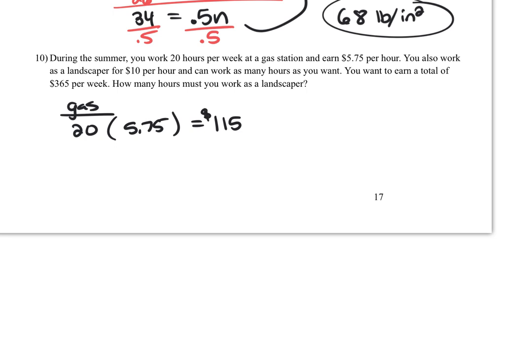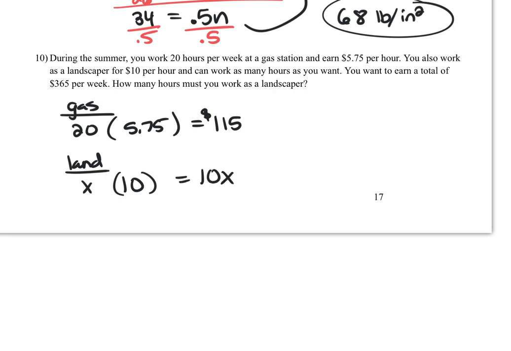Awesome. Okay? Landscaper. I'm just going to abbreviate for land. We don't know how many hours, so let's use, do you want X or H? X? All right. X hours for how much? $10. What are we going to do with 10 and X? Times. Okay? So we write it as 10X.